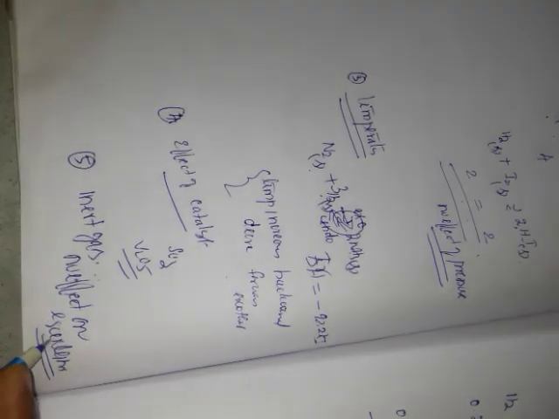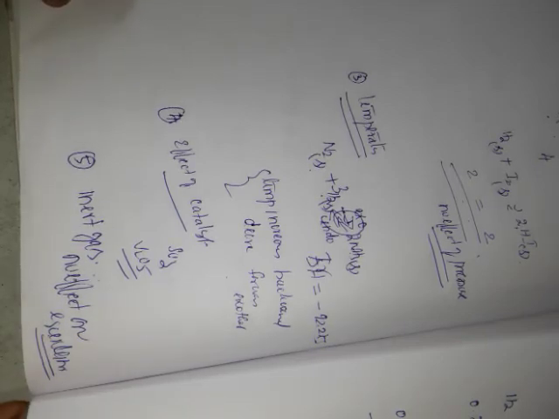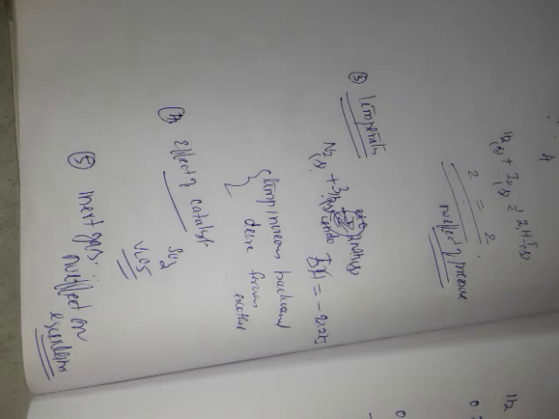So I have taught 5 factors: concentration, pressure, temperature, catalyst, and inert gas. Let us recall them once more. Concentration: at equilibrium there is no change in the reactants or products. When the reactant side concentration increases, the equilibrium shifts towards the products.